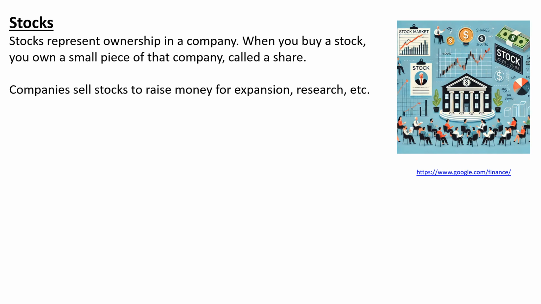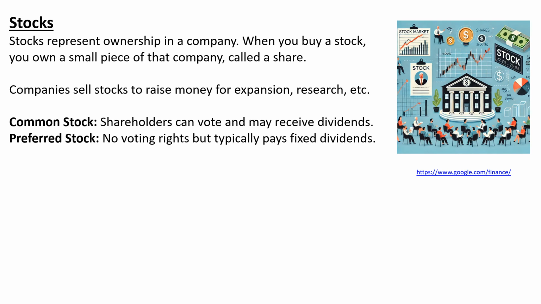But they sell stocks, people buy them, trade them on an exchange, and there's typically two different classifications, two different kinds of stock. And of the two, common stock is the most common. It's where the shareholders can vote on proposals by the board, like how much the executives in the company are getting paid.